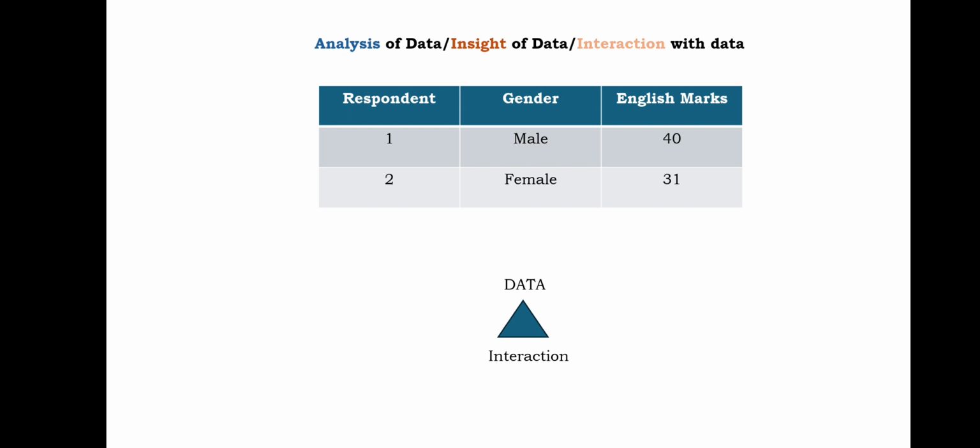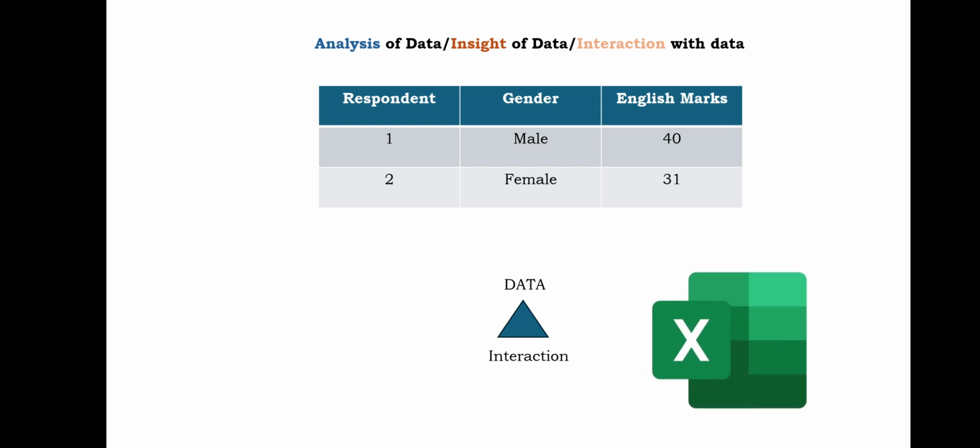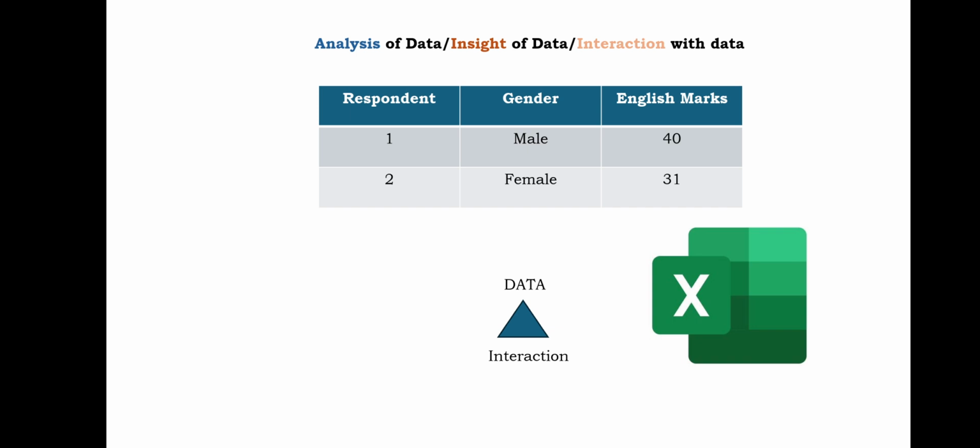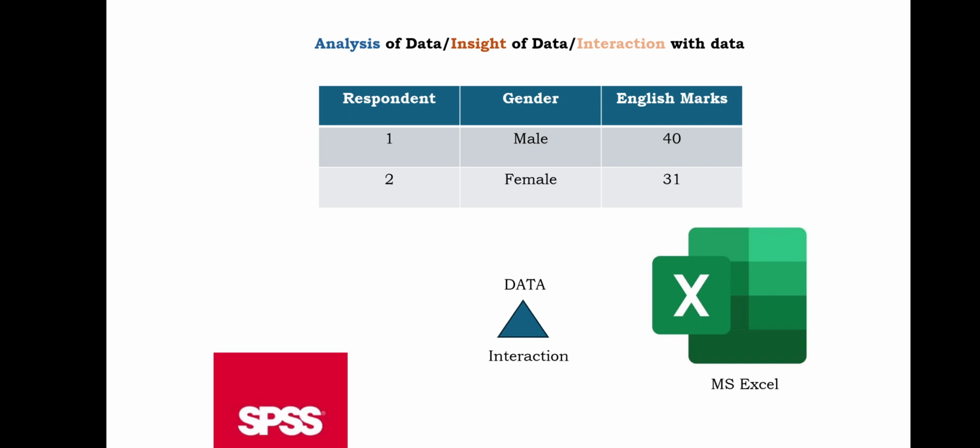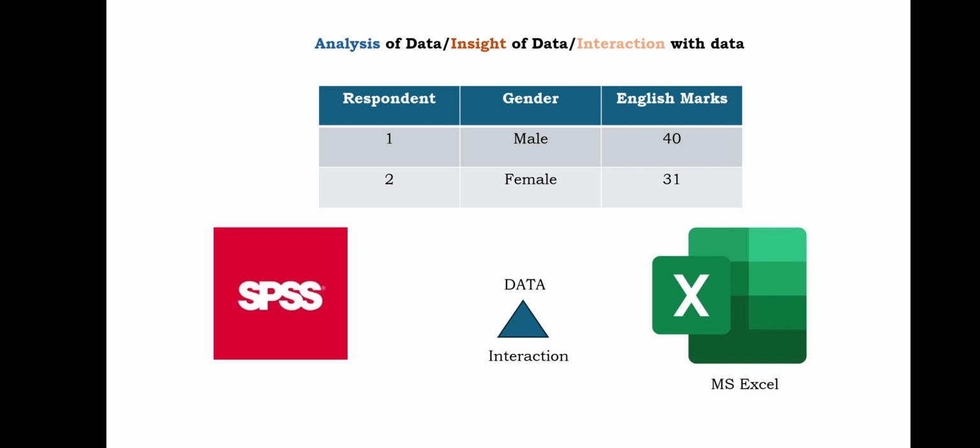When I was young and in school, I used to use a software to know more about data, known as MS Excel. But when I started doing my research, when I go into bigger decisions in companies, I have to shift my focus to a new data tool called SPSS. The full form of SPSS is Statistical Package for Social Sciences.